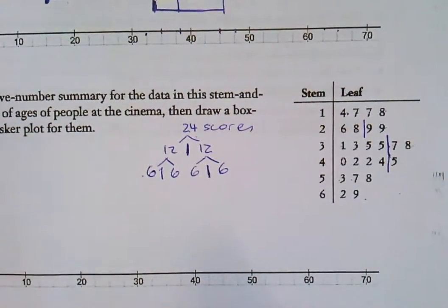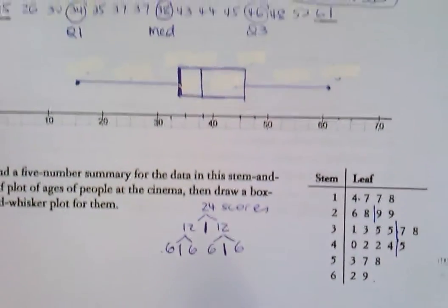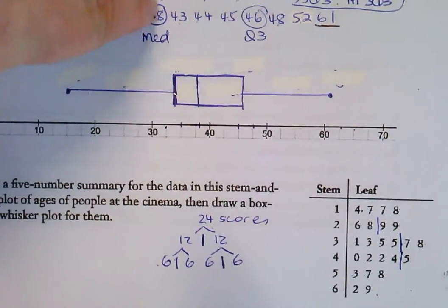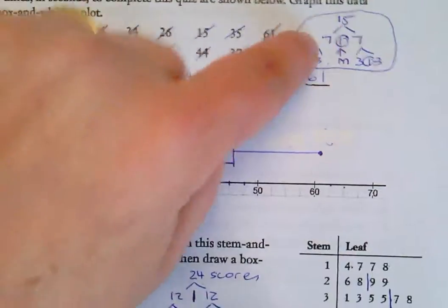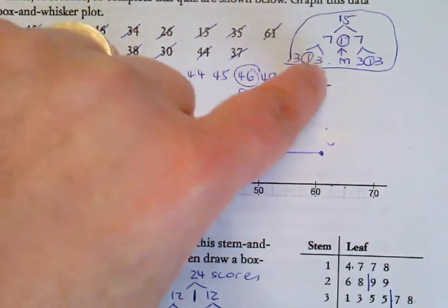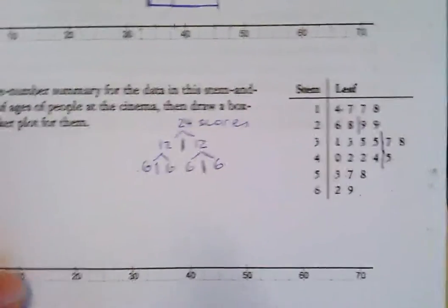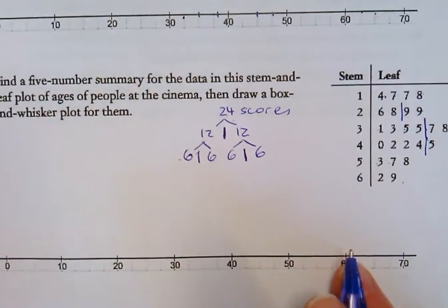So this was a good one because it wasn't an odd number of scores, and I didn't need to pick anything out. But in the first question I had to pick out the median. You know here, that median was not in the upper or the lower half of scores because it was 7, 7, 1. You okay with that? This one, I don't take any scores out. So what have we got?